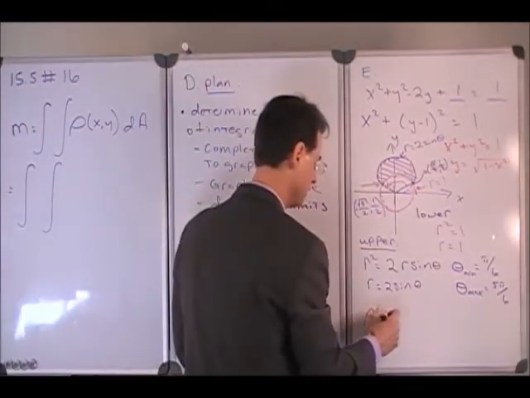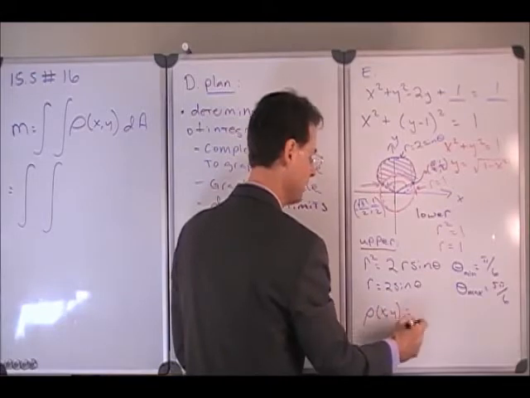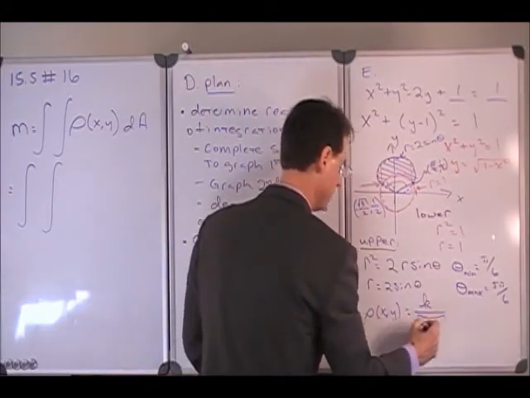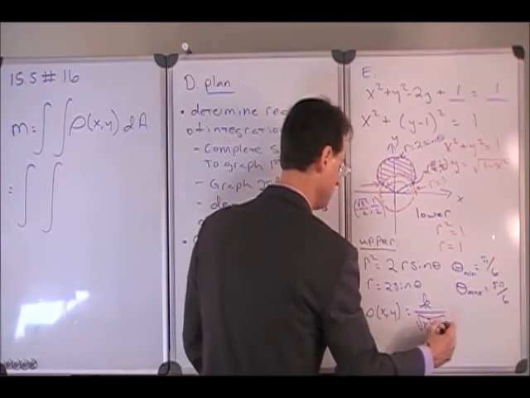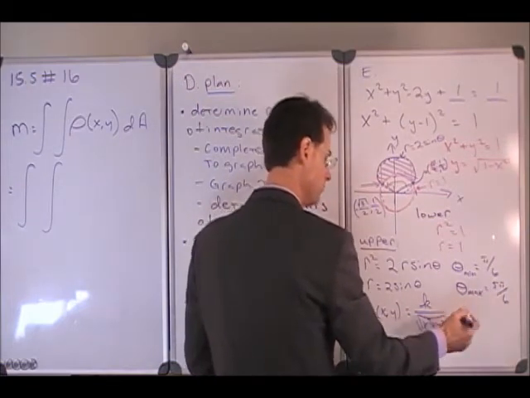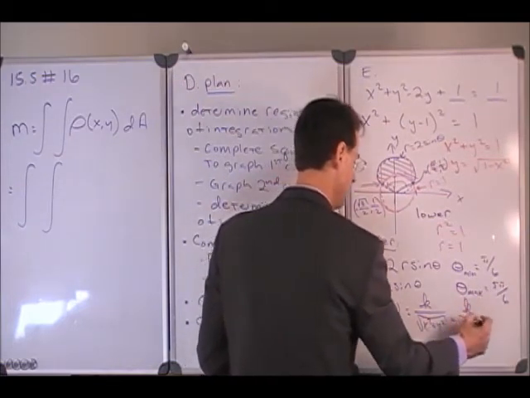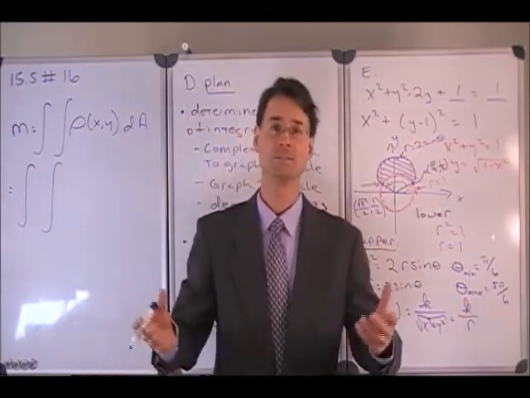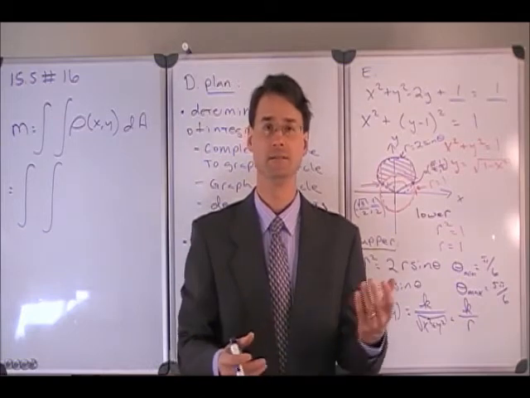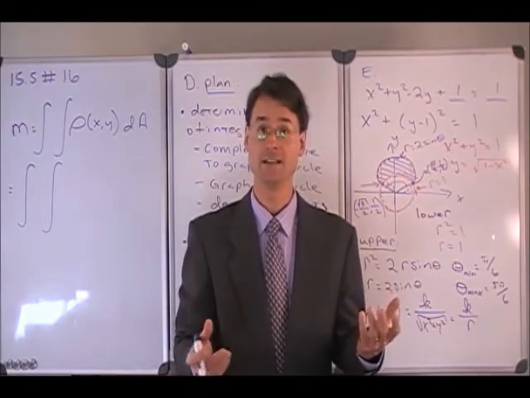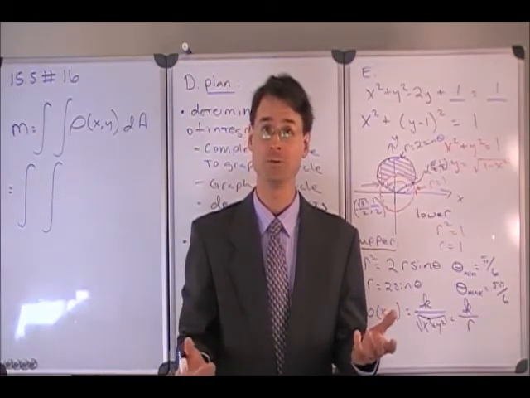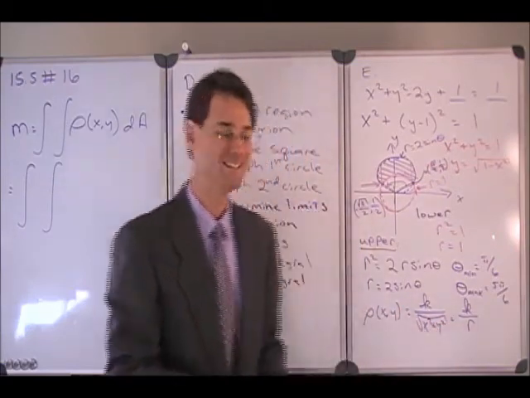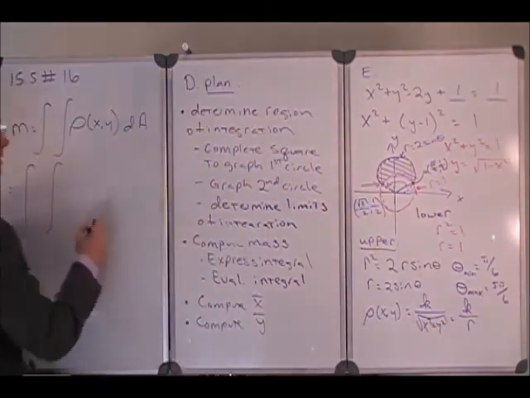And we can recall that in terms of x and y, the density was k over the square root of x squared plus y squared. So in polar coordinates, it's just k over r, which makes perfect sense because the density, it said in the problem, is inversely proportional to the distance from the origin, and the coordinate r is the distance from the origin.